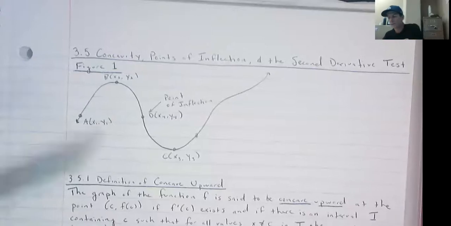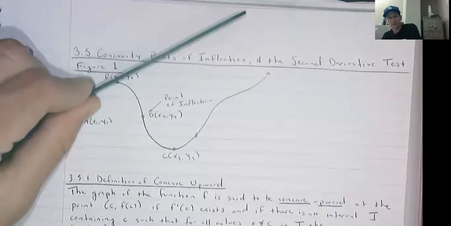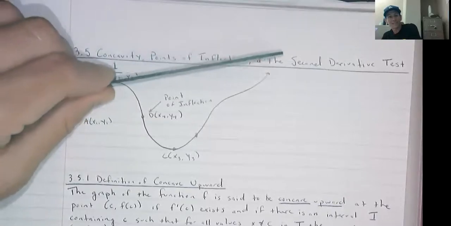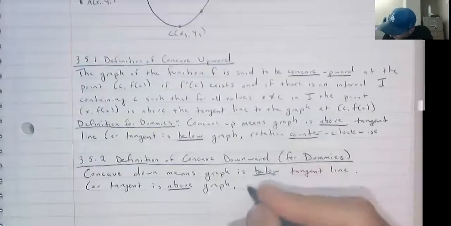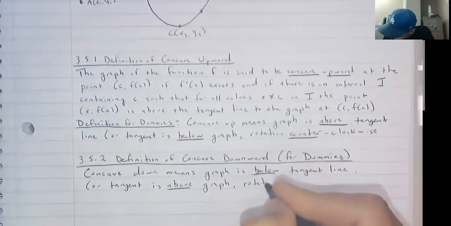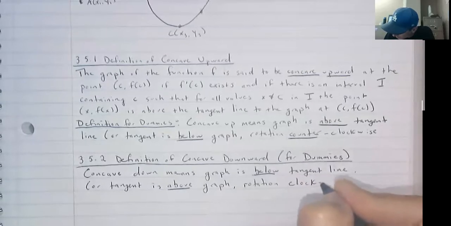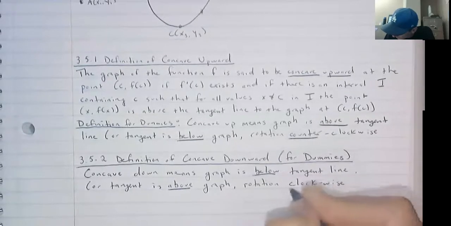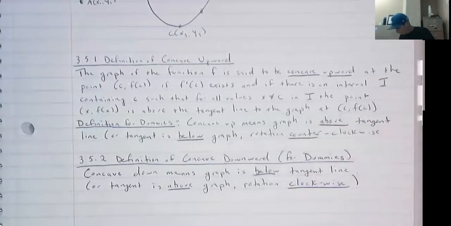Rotationally, concave down means that our first derivative is getting smaller, which means that its rate of change is negative. Second derivative is negative. So rotation is clockwise. Cool.